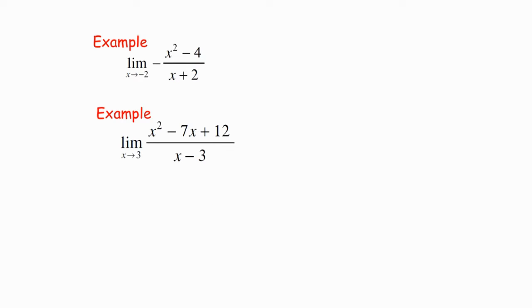So for each one, let's do one example. This one right here, you can see that we have a problem, because if you simply plug in -2 in the denominator, we're going to have a denominator of 0, and that's not good. But I am noticing that we can factor this. So this is going to be x plus 2, x minus 2.